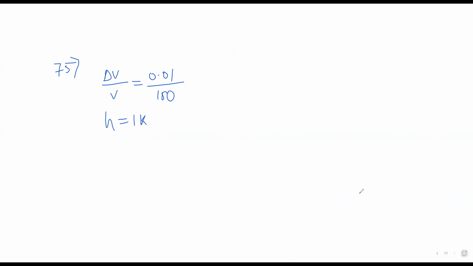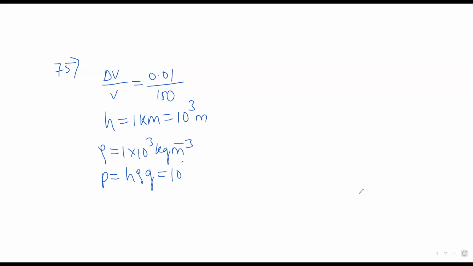H is equal to 1 kilometer, which we can write as 10 to the power of 3 meter. And the rho value is 1 into 10 to the power of 3 kg per meter cube. Pressure is calculated by using the formula rho g h, that is 1 into 10 to the power of 3 into 9.8, which simplifies to 9.8 into 10 to the power of 6 Newton per meter square.